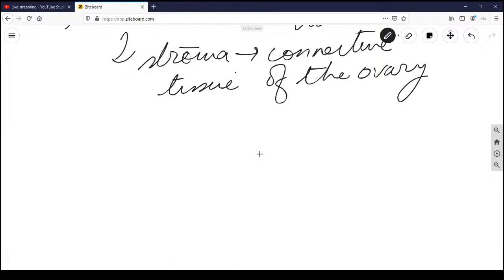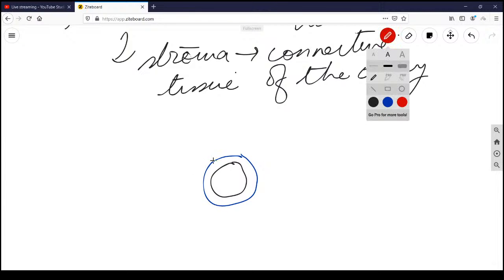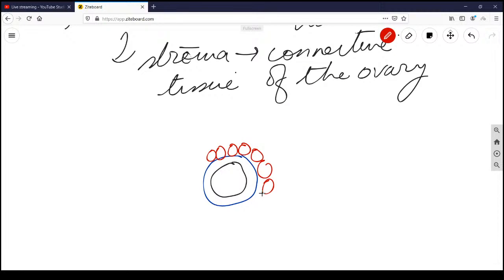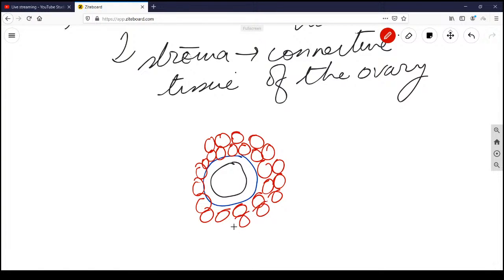Also, the thing that I told you, if you draw it, this is the ovary, and you can see the zona pellucida. Suppose this one is the granulosa cells, layer number 1, and this is layer number 2.